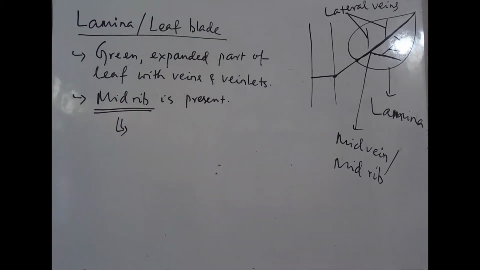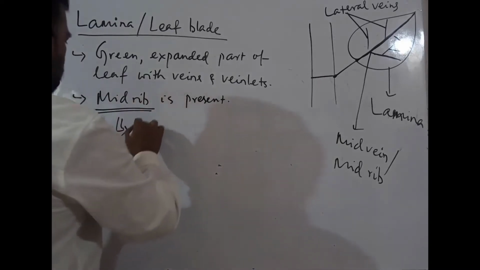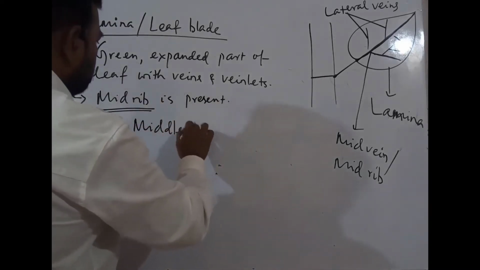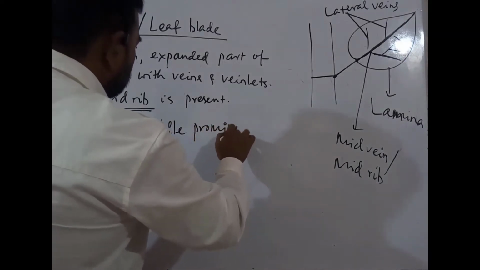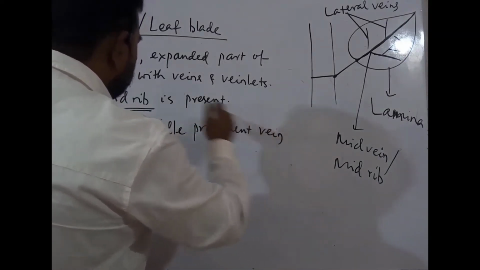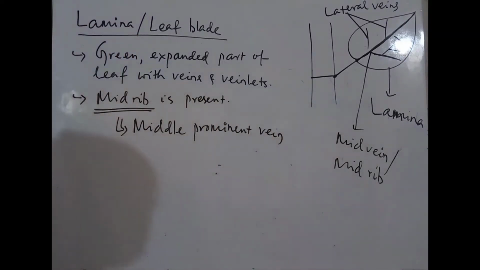So middle prominent vein is called midrib. ओके? और उसमें लैटरल वेन्स है.